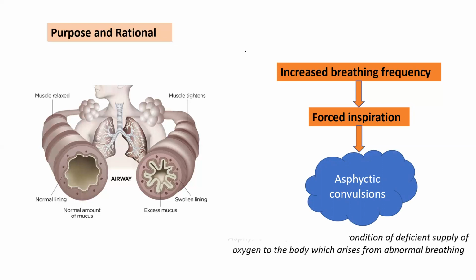What is this? Asphyxiation is a condition of deficient supply of oxygen to the body which arises from abnormal breathing. So in the animal, one has to observe the asphyctic convulsion, the appearance of the asphyctic condition.